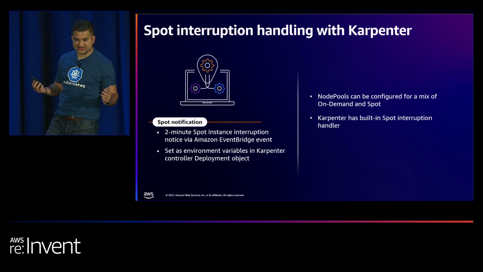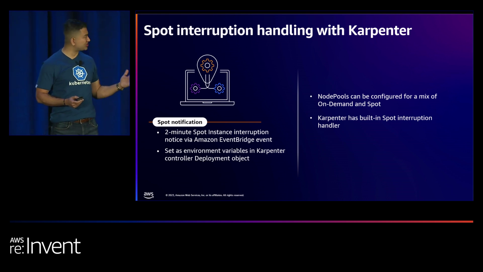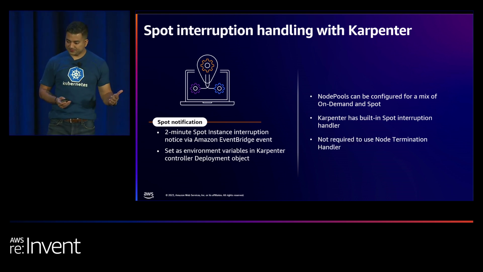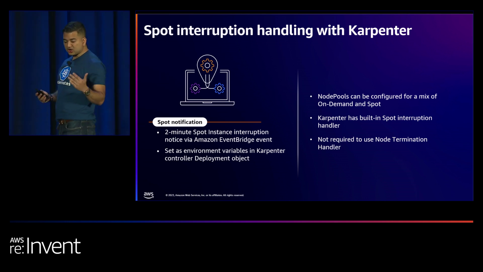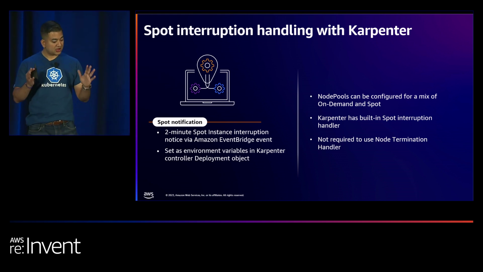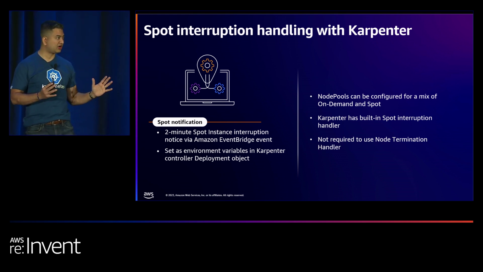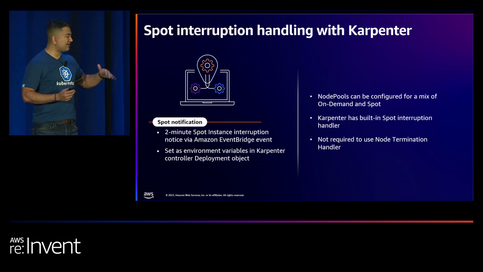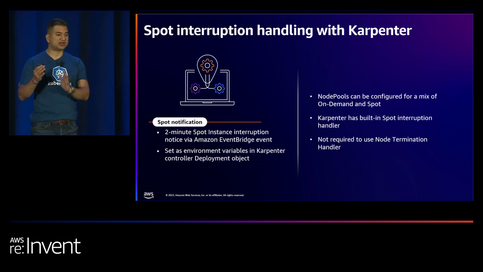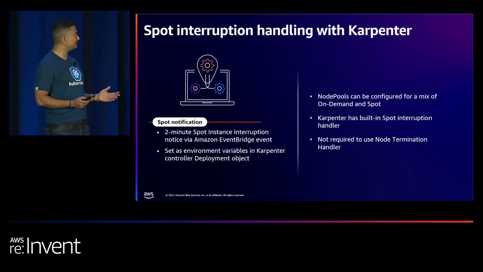Karpenter does the rest. It traps the 2-minute interruption warning, and then it spins up a replacement spot instance. You are not required to use node termination handlers. Also, going back to what I said before, if the spot becomes too expensive compared to on-demand, Karpenter will intelligently spin up an on-demand instance instead of a spot.